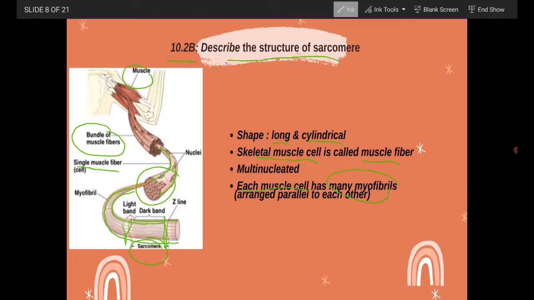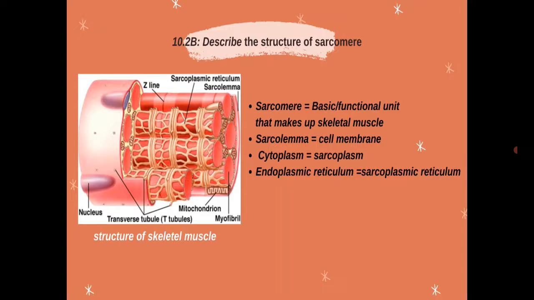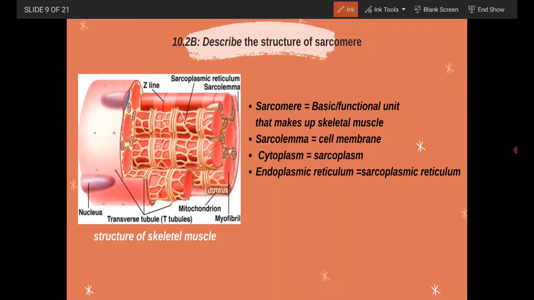What is sarcomere? Sarcomere refers to the basic or functional unit that makes up skeletal muscle. And you need to know about the specific terms that we use for muscle cells, which are sarcolemma.